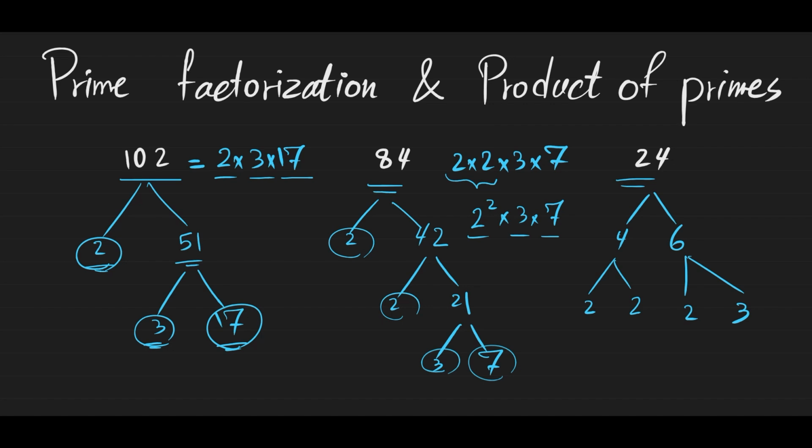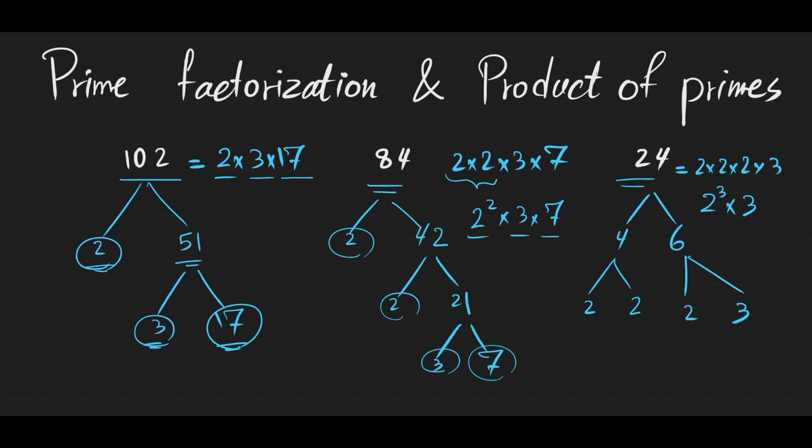Now we can see that at the end of each path we have a prime number, because 2 is a prime number and 3 is a prime number. So we know that we are done with our prime factorization, and the product of primes is 2 times 2 times 2 times 3, which is equal to 24. Or we can rewrite it as 2 cubed times 3. We still have 3 factors of 2 and 1 factor of 3.